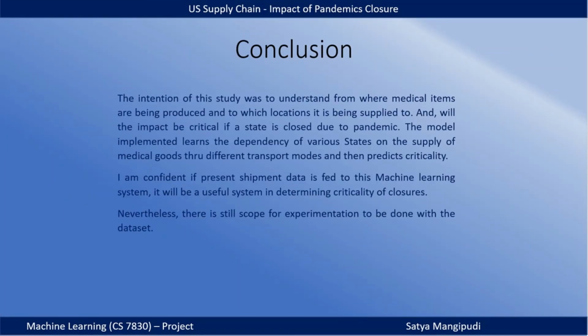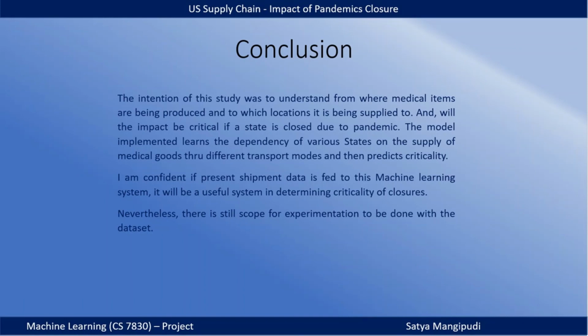Again, to summarize, the purpose of this study was to understand from where medical items are being produced and to which locations they are being supplied. And will the impact be critical if a location is closed due to a pandemic? The model implemented learns the dependency of various locations on the supply of medical goods through different transport modes and then predicts criticality.